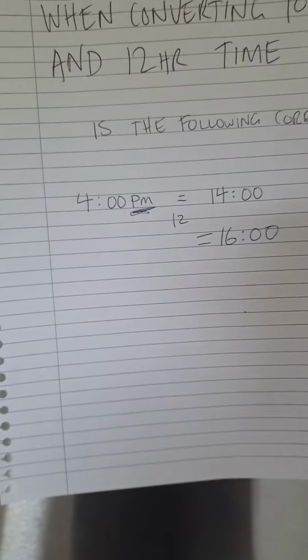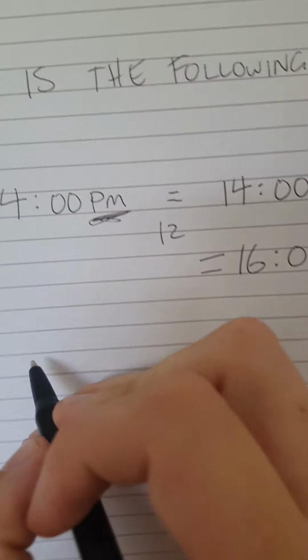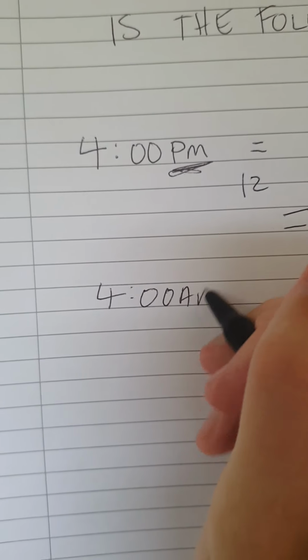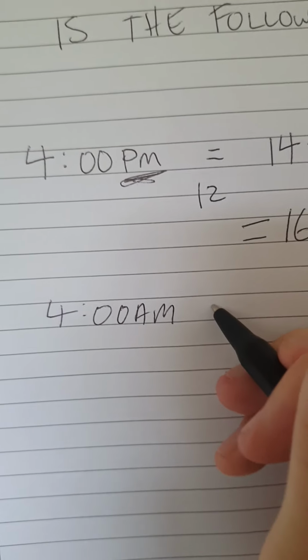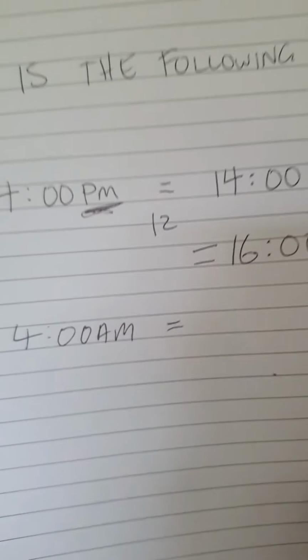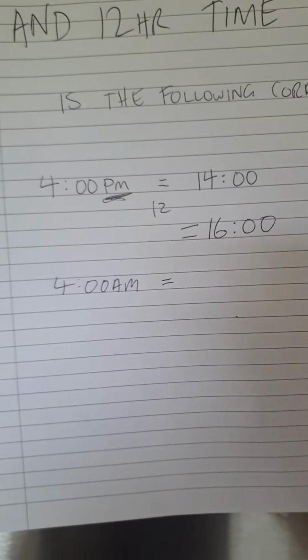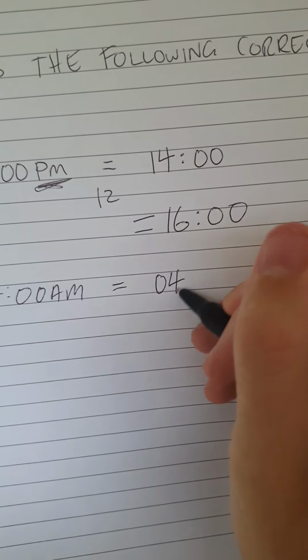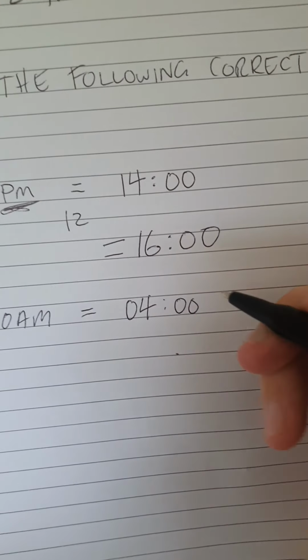So there's common confusion, because if it was 4 a.m., and that converted to 24-hour time, it would equal 0400.